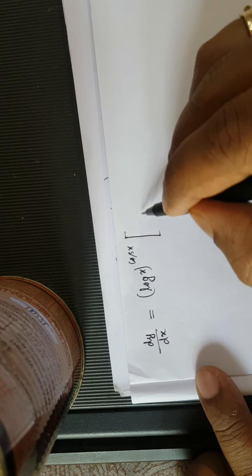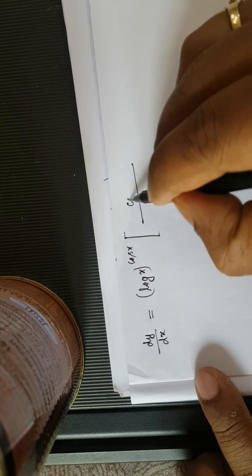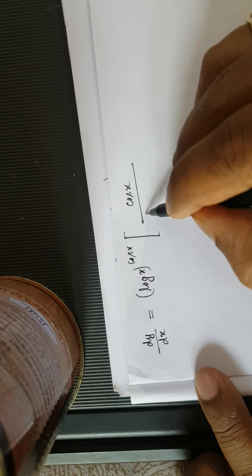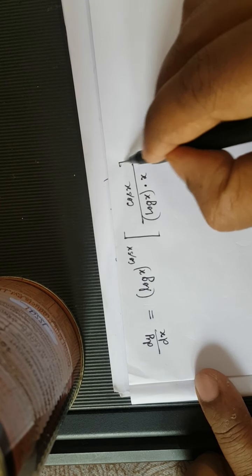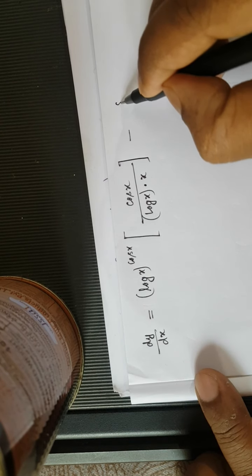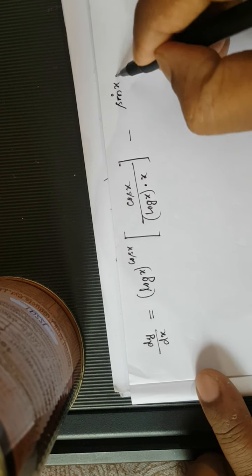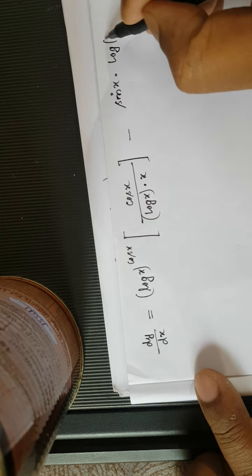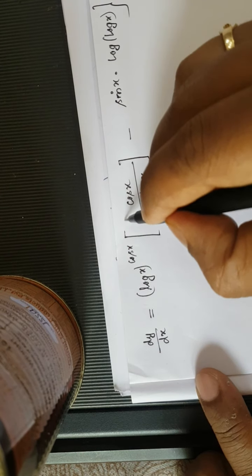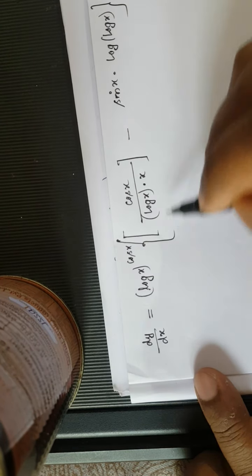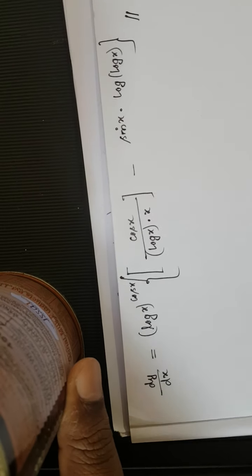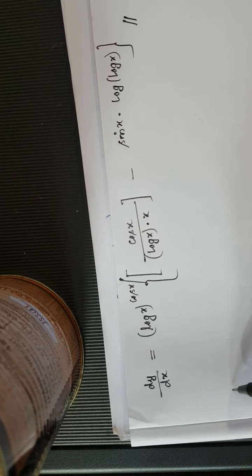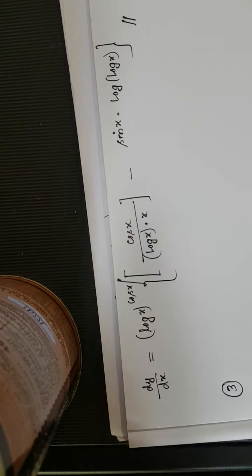Then cos x divided by log of x into x, plus or minus sin x into log of log x. This is your derivative of the third question.